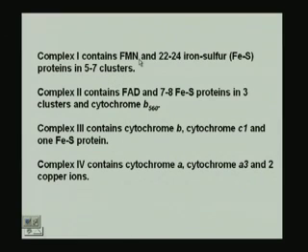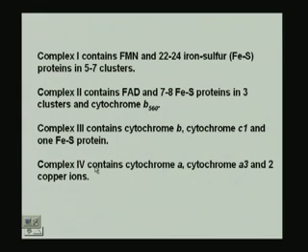So, these are the electron transfer cofactors present in complex 1. Okay? Complex 1 has FMN and iron sulfur. Complex 2 has FAD, that is flavin adenine dinucleotide, and iron sulfur and cytochrome B. Complex 3 has cytochrome B, cytochrome C1 and an iron sulfur protein.